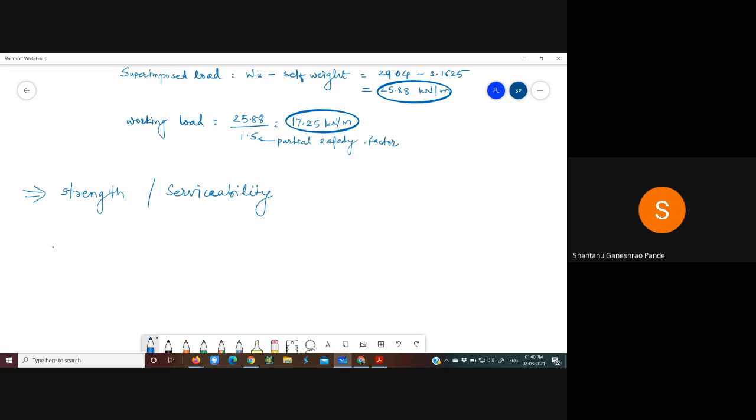Along with that, we have to go for limit state of durability, which deals with fire resistance and chemical action or accidental failure. Check for durability, and limit state of serviceability will be tackled in that way.